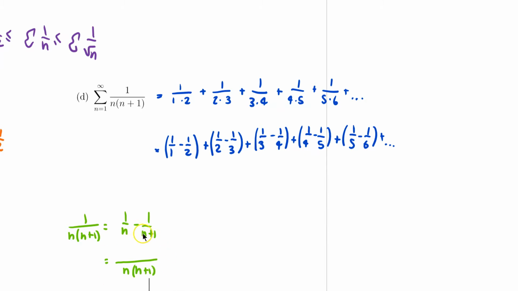I cross multiply, so I'm going to get n plus 1 minus n. N plus 1 minus n is going to be left with just 1. So I'm going to have 1 over n times n plus 1, which is the same thing. So 1 over n times n plus 1 is actually just going to be 1 over n minus 1 over n plus 1, which is kind of what we did here.